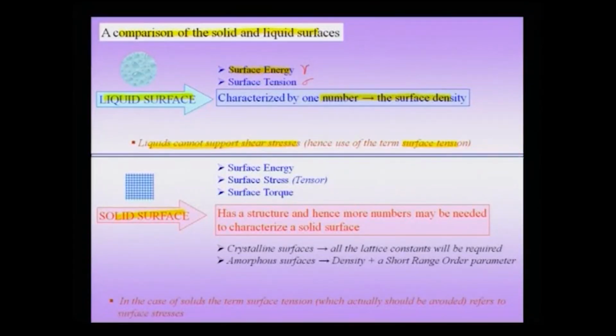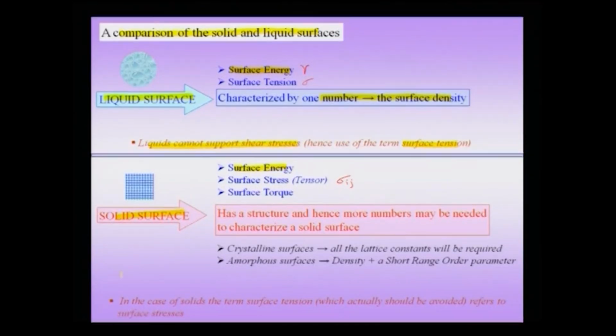I could talk about something known as surface energy, and instead of talking about the term surface tension, I may have to talk about the true quantity, which is surface stress, a second order tensor. And in 2 dimensions, it has 4 values which need to be specified.